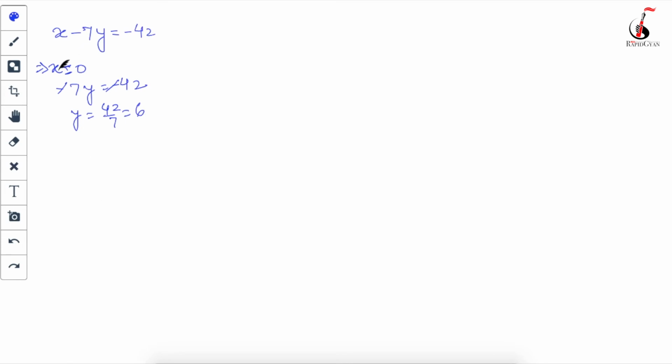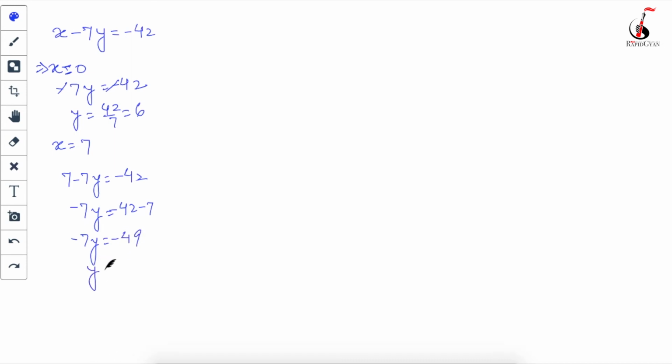Now put any other value of x. Since this is being divided by 7, I am going to put the next value of x as 7. So I will get 7 minus 7y is equal to minus 42. So minus 7y is equal to minus 42 minus 7, which is minus 49.